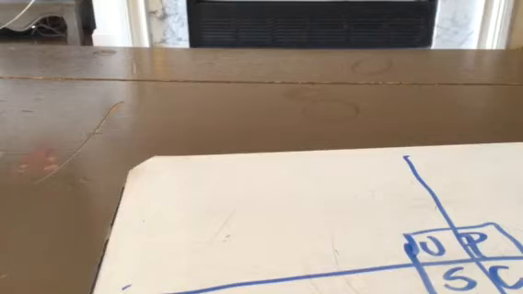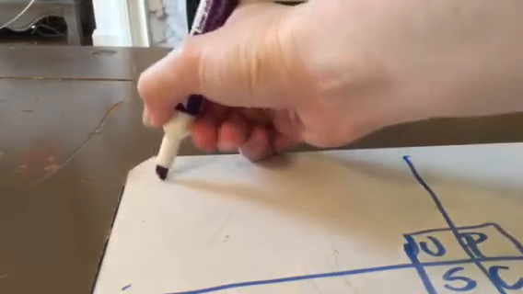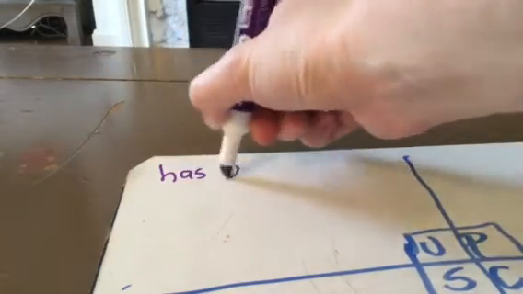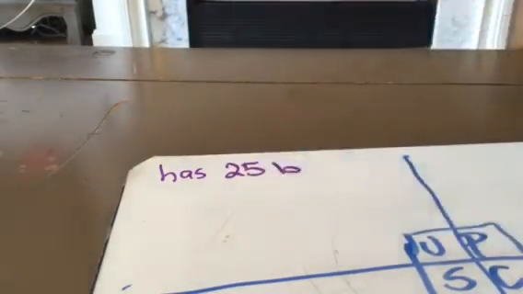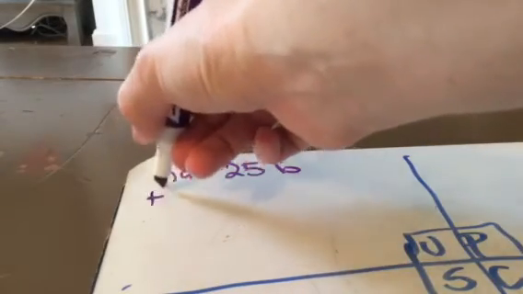Okay, we'll go sentence by sentence. Sentence 1, Alina bought a pack of 25 balloons. So she has 25 balloons. When she opened it, she found that 4 had holes in them, so she threw away 4.